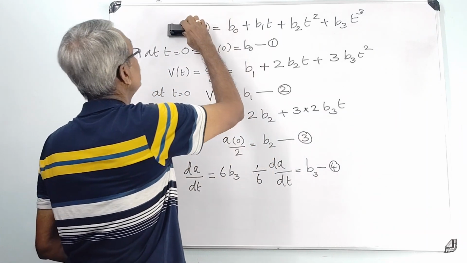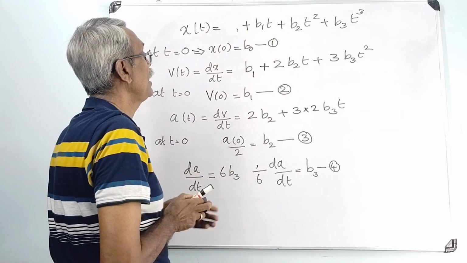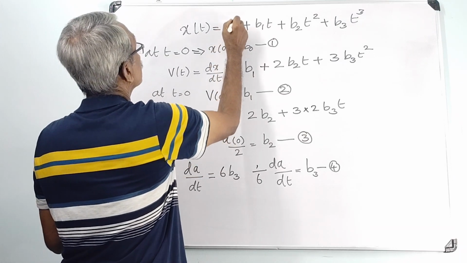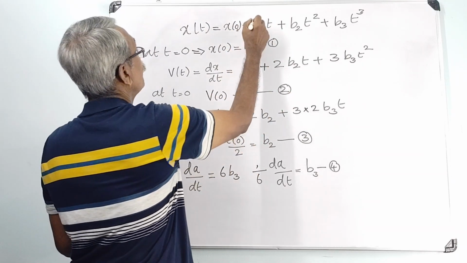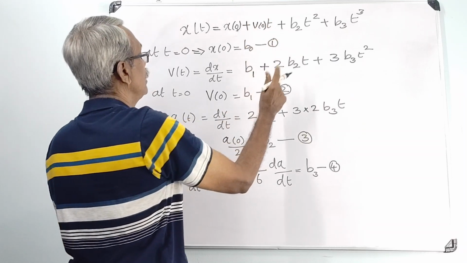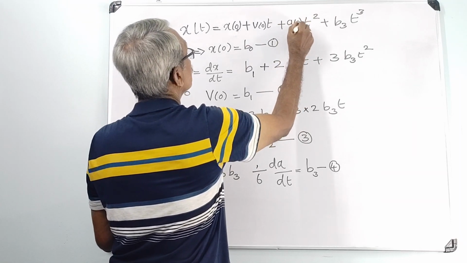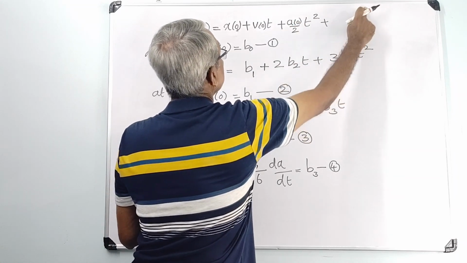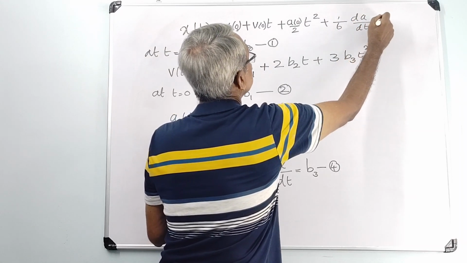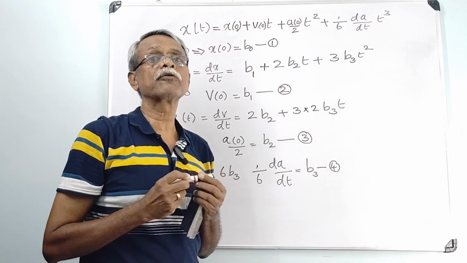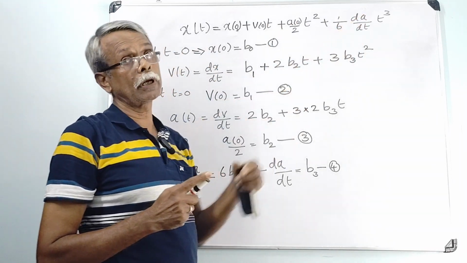Therefore, we can write x(t) is equal to b0, which can be replaced by our x0. b1 can be replaced by v0, b2 can be replaced by a0 by 2, and b3 can be replaced by 1 by 6 dA by dt, times t cube. This is the series expansion of the position function up to third order.